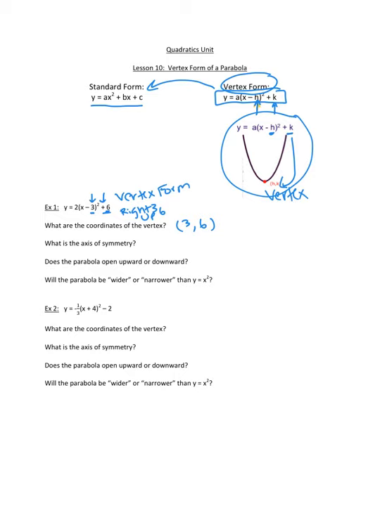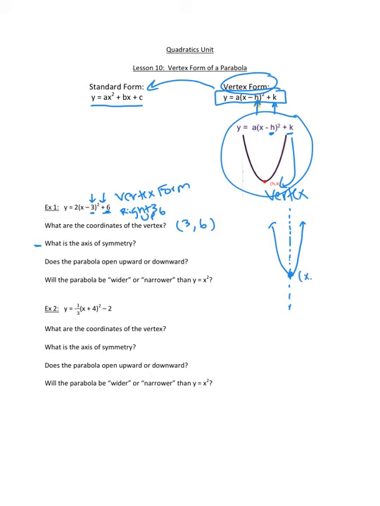So when they ask you what is the axis of symmetry for the next question, remember, the axis of symmetry will always be the invisible line that divides the parabola in half, and it will always be along the same x value as the vertex.